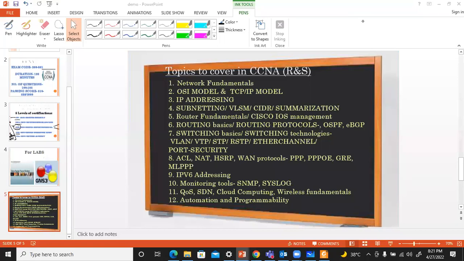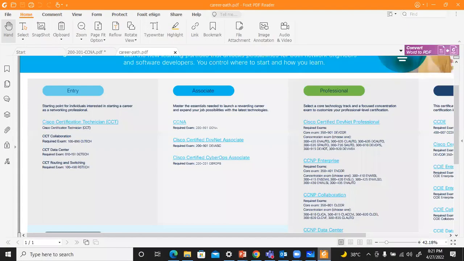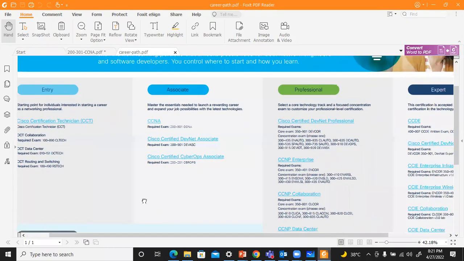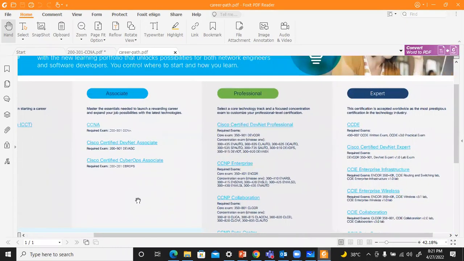We will also see the detailed Cisco curriculum for CCNA. But before that, let's go ahead and see the career path. The new career path designed by Cisco is this. As I just discussed, there is CCT, Cisco Certified Technician, then there is the associate level. For your information, there are also DevNet and CyberOps Associate introduced by Cisco.